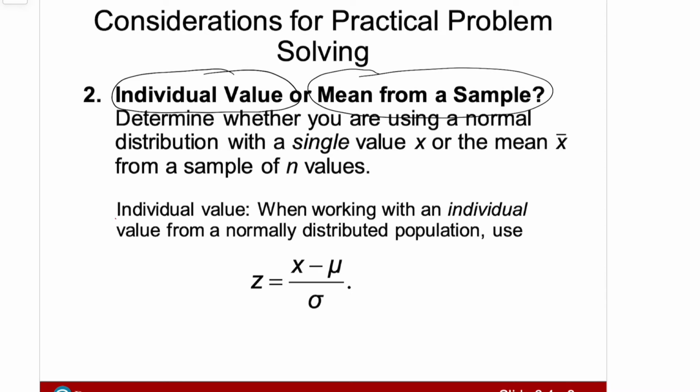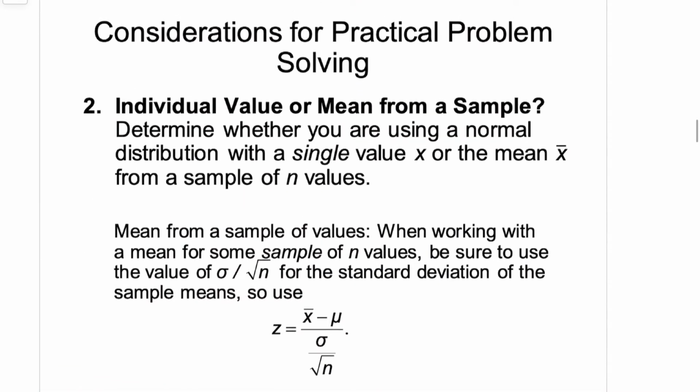If I want the probability that an individual value is larger or smaller or between data points, I'm going to use my original z-score formula, where z is equal to x minus mu over sigma. However, if I'm considering whether the mean from the sample values is larger, smaller, or falls in between two data points, I want to use my new adjusted z-score, right there, where z is equal to x bar minus mu all over sigma divided by root n.